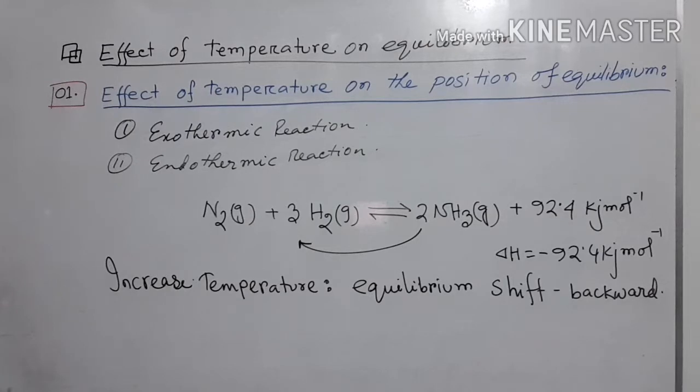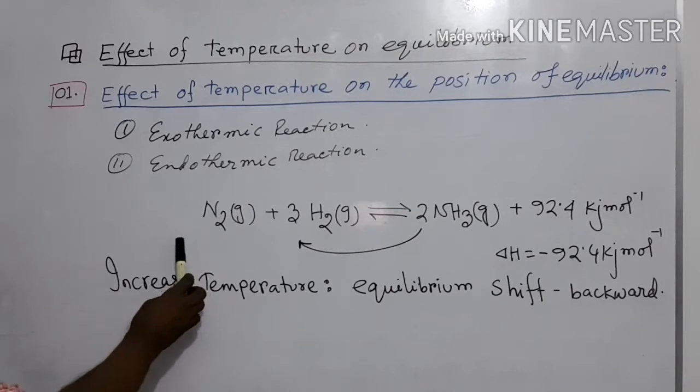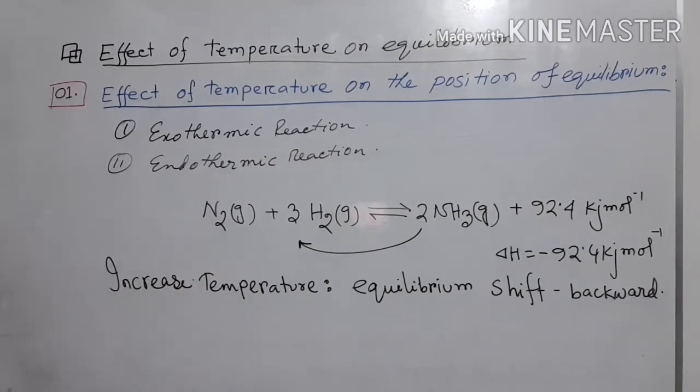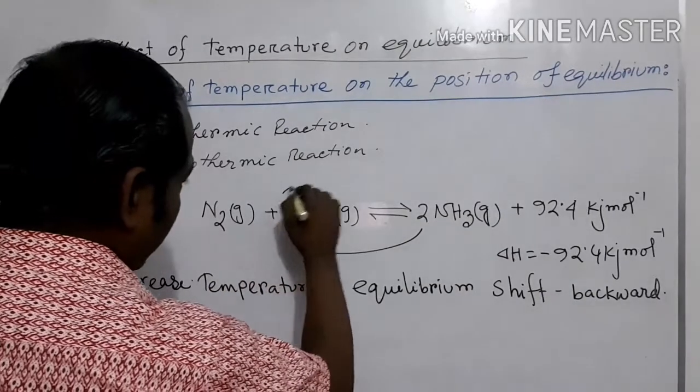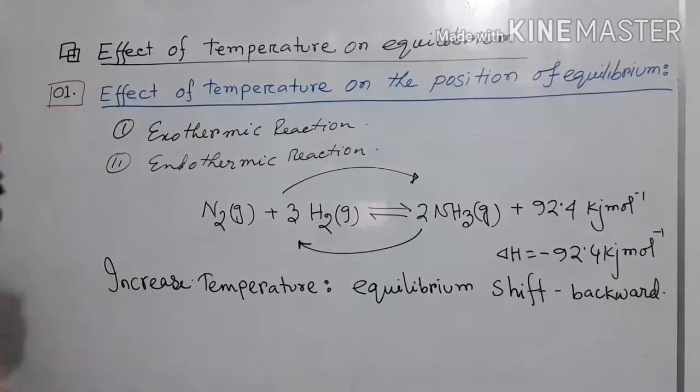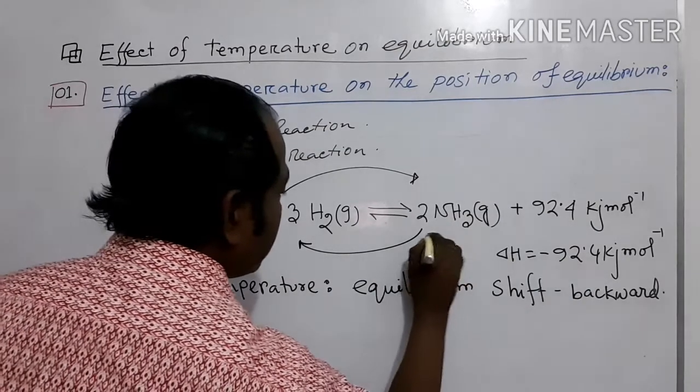And if we decrease the temperature, the system will try to neutralize the effect of temperature reduction, and the equilibrium shifts towards forward, towards right, and we get maximum product.